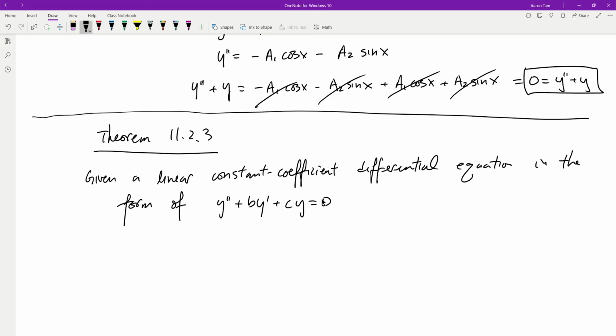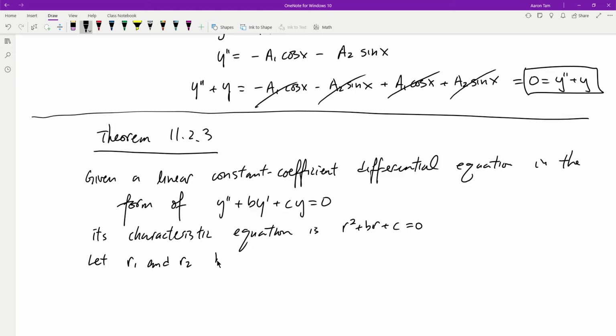I didn't say those adjectives, but you know that this is a second order and also a homogeneous differential equation. This equation would have a characteristic equation, r squared plus b r plus c equal to 0. And let's say we let r1 and r2 be the characteristic roots.